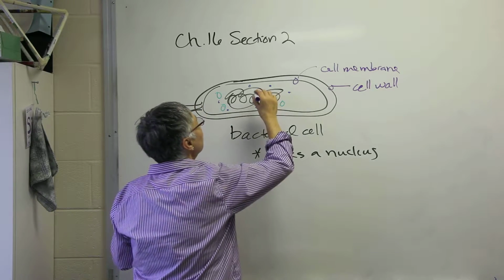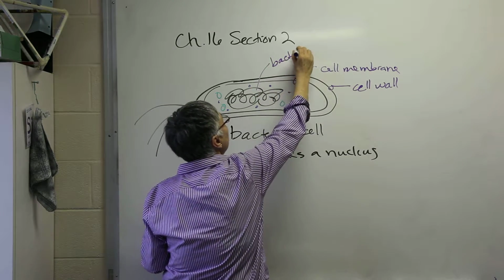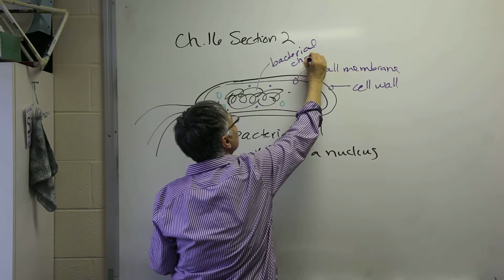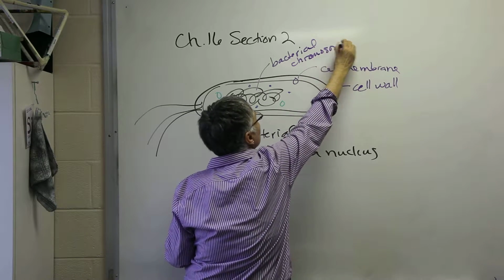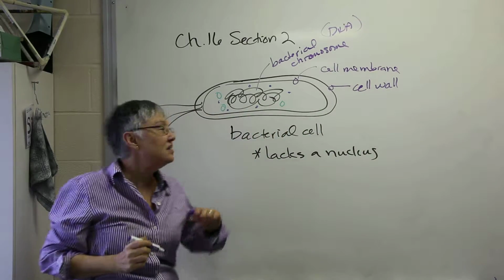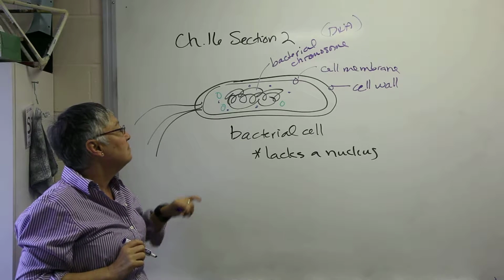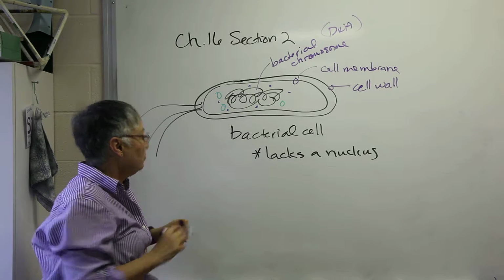Interior to the cell membrane, we have a bacterial chromosome. It's usually circular. So this is the DNA. So almost all of the genes for the bacterial cell are located on this chromosome.